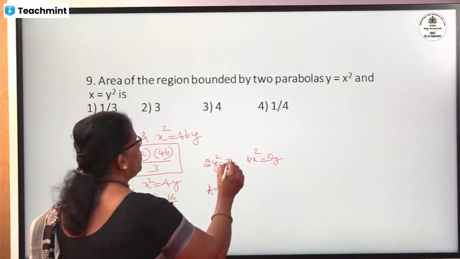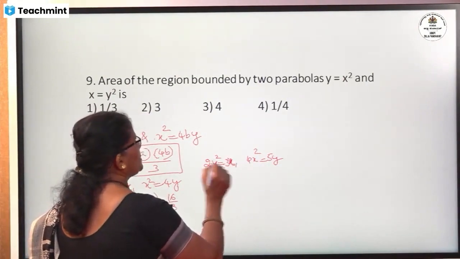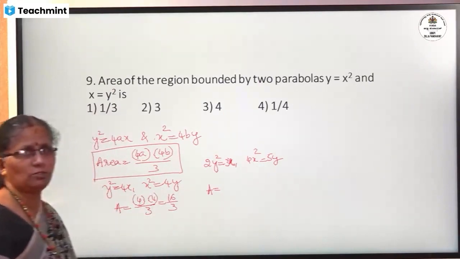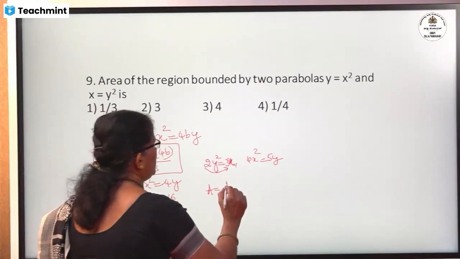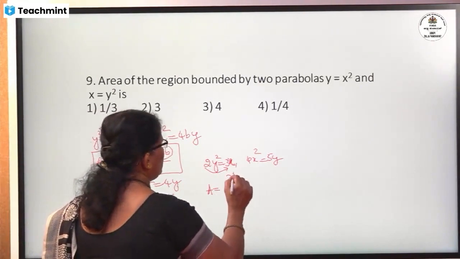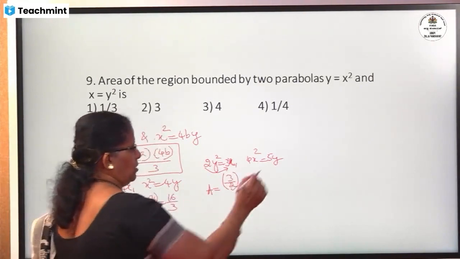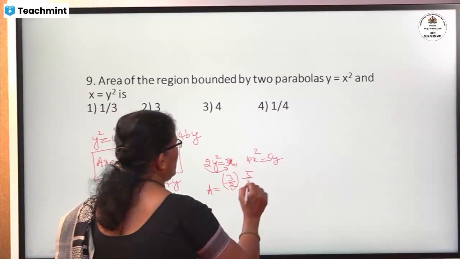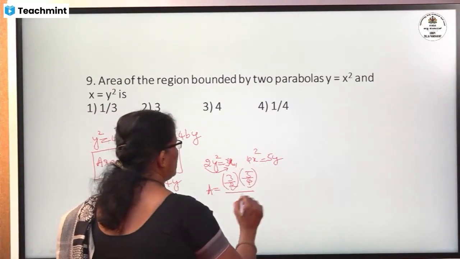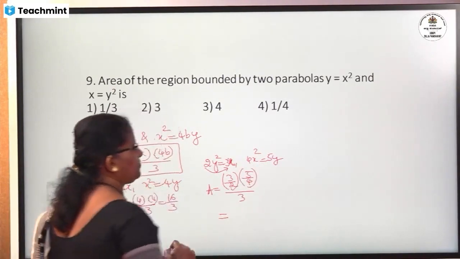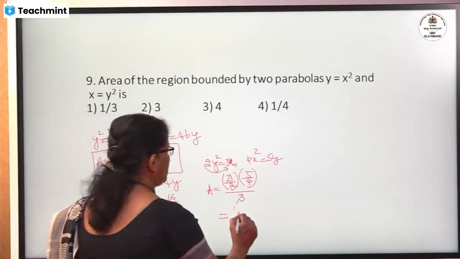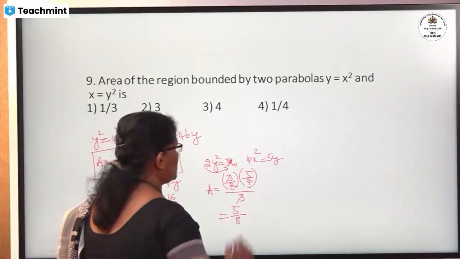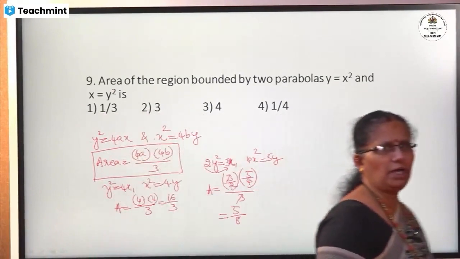I have to look at the coefficient of x, but coefficient of y squared should be made 1. So can you see that this 2 should be shifted here? So what is coefficient of x? Is 3 by 2. What is coefficient of y? Is 5 by 4 divided by 3. So this 3 and this 3 gets cancelled. Area is 5 divided by 8.